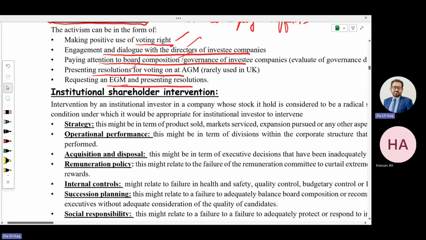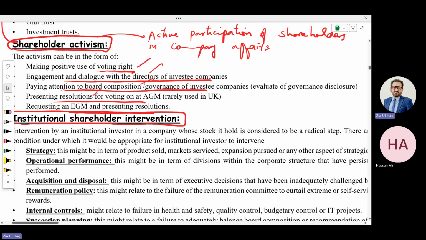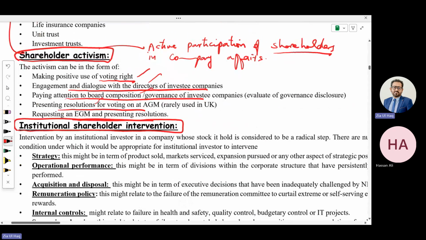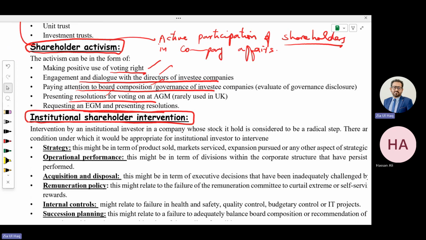There's another topic called institutional investors' intervention. What is meant by institutional investors' intervention? Active participation of institutional investors in company affairs. As institutional investors' investment has a dual purpose, not only return but promotion of industry as well, their involvement in the company is even more than that of shareholders.